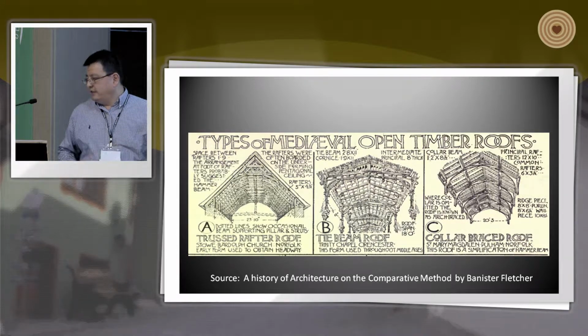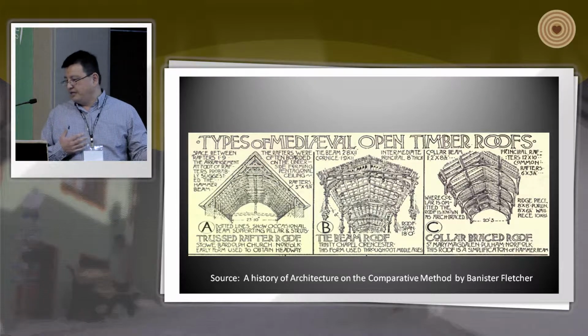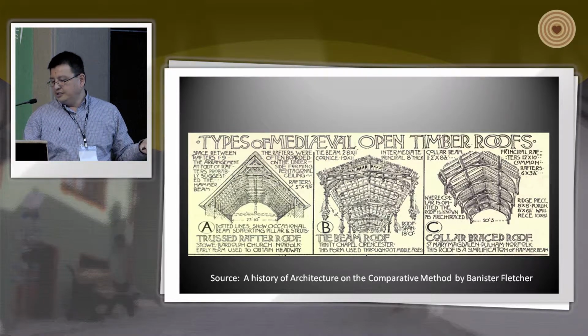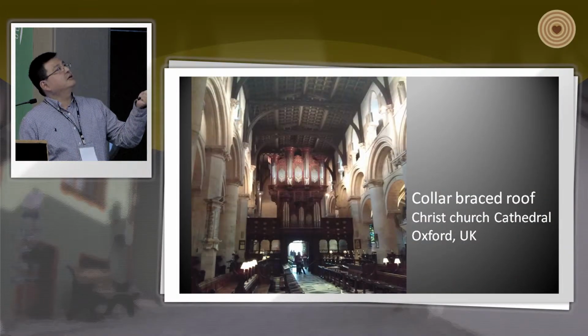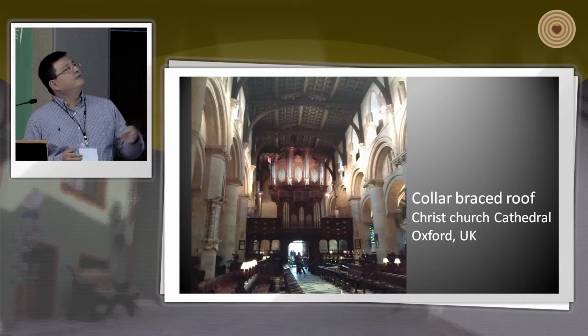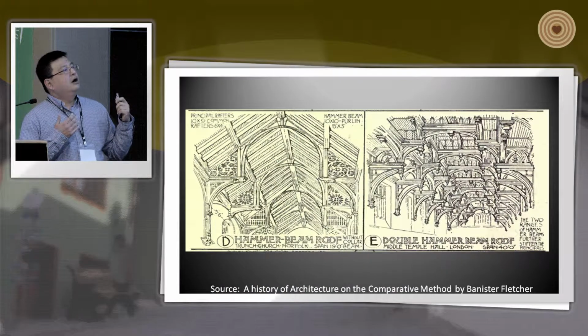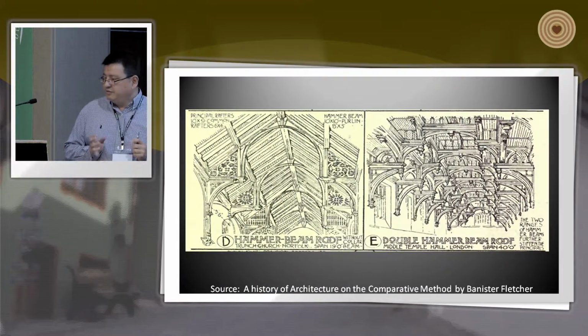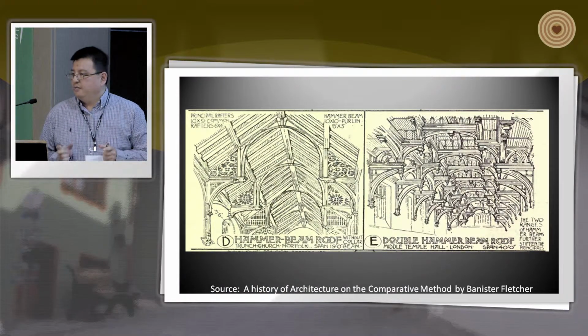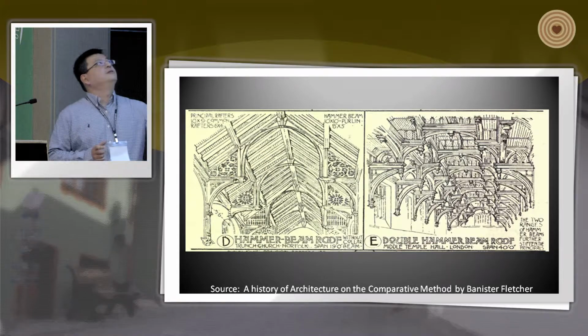You can see they have truss rafter, and they have collar braced, and this is a collar braced roof from Oxford in the UK. And then in the UK we started to develop what we call hammer beam roof.